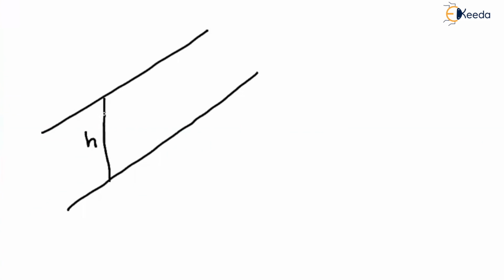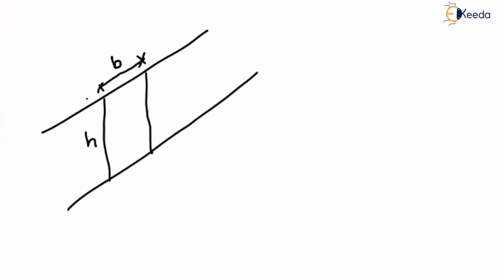Now let us consider an element which is having a width b along the slope. Let us say from here to here, the width is small b, to avoid confusion.